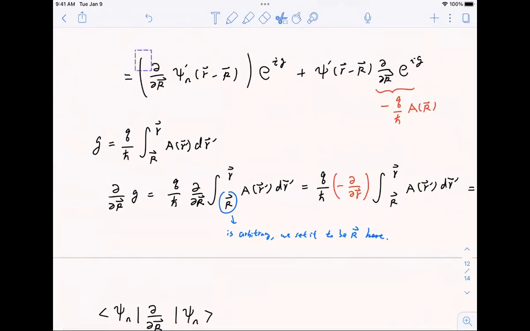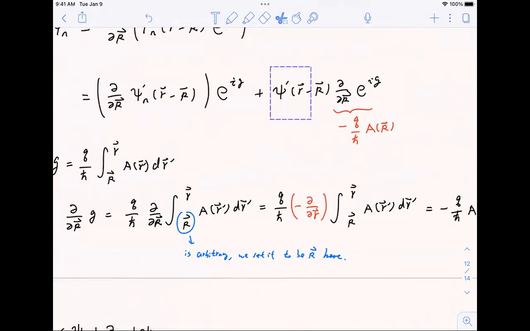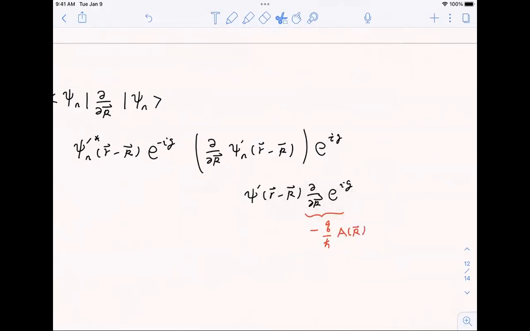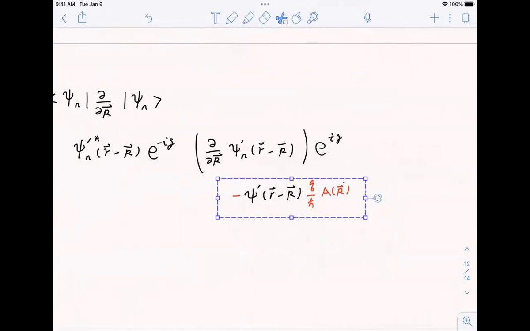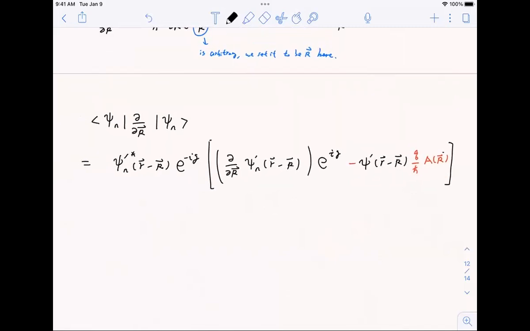We're gonna take this, and then also take this, minus. And then you're gonna do the integration.